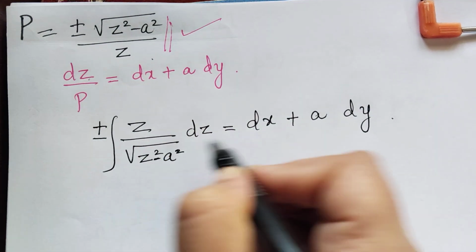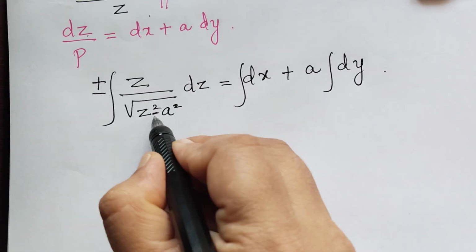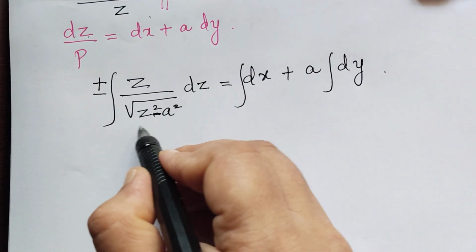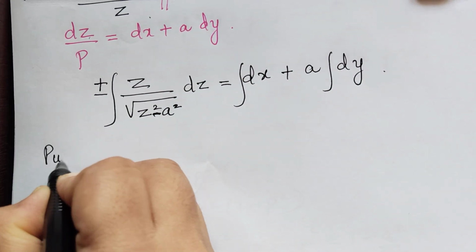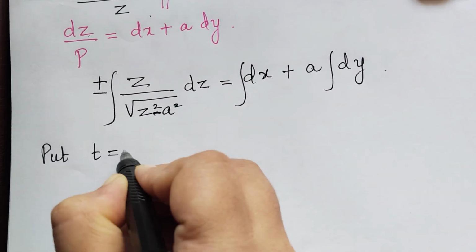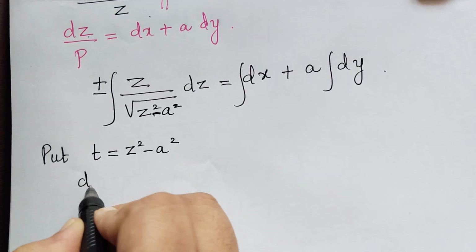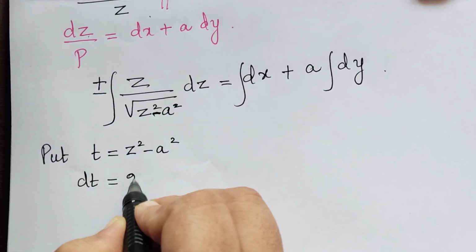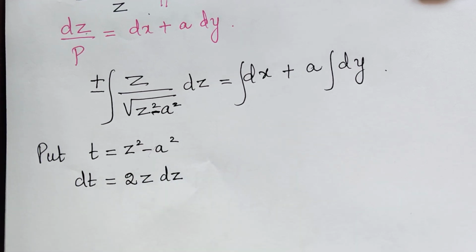Now integrating on both the sides, if you see on the left we have to use the substitution method. So let us put t is equal to z square minus a square. So what will be its differentiation dt? It will be 2z dz, and the differentiation of a square is 0.